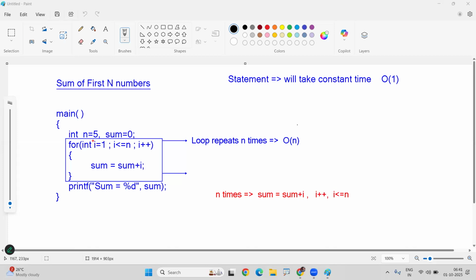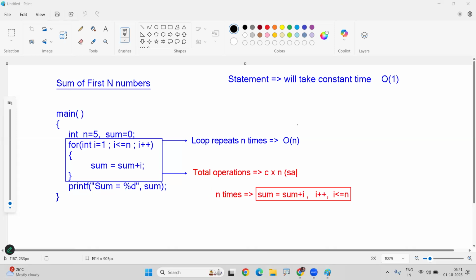But initialization is only one time. So total 3 statements repeating n times, and the total operations are simply a constant times n.